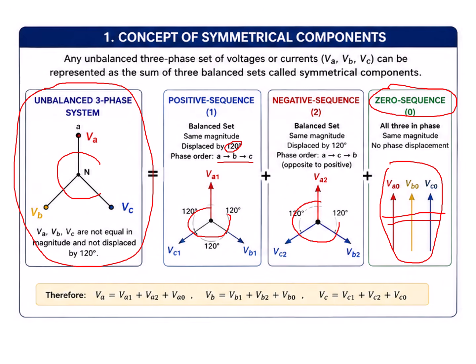For example, phase A can be expressed as the summation of the positive sequence, negative sequence, and zero sequence of phase A. Again, phase B can also be expressed as the positive sequence, negative sequence, and zero sequence of phase B, and phase C is also the same.